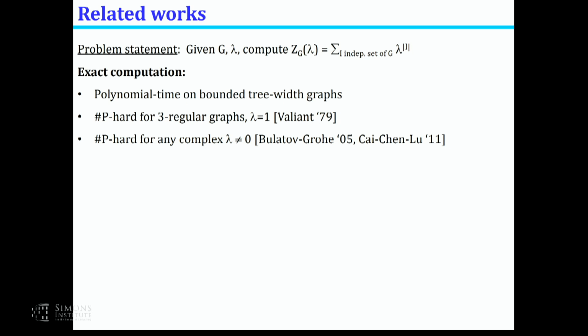Okay. So there are some exact computation results, namely for some special graph classes like bounded treewidth graphs, we can compute this value exactly. It's not surprising, it's useful in some scenarios, but it's not very surprising.